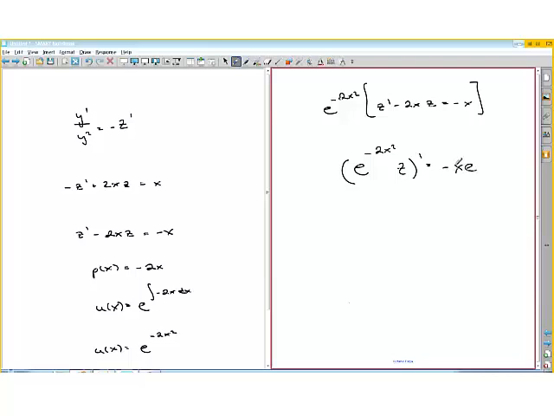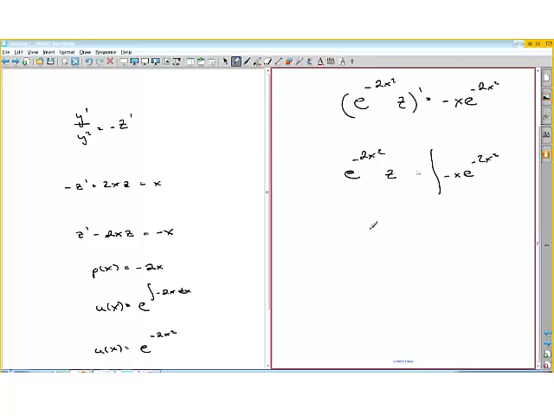Over here we have negative x e to the minus 2x squared. So we integrate both sides. The integral here becomes just the terms, and the integral on the right-hand side is negative x e to the minus 2x squared.